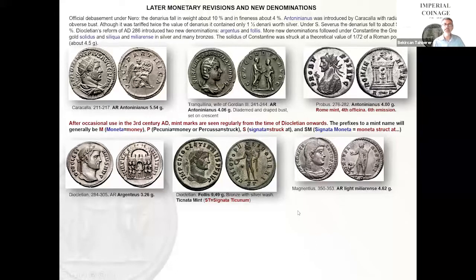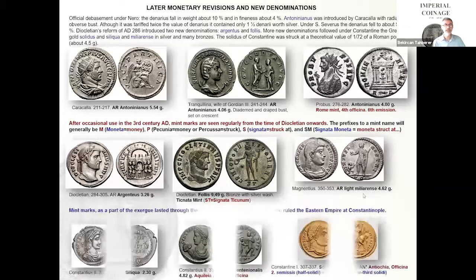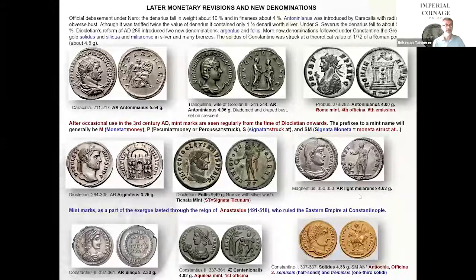So then Magnentius introduced these light miliarensis types, and finally Constantinus II introduces the siliqua. It was a coin that was first introduced in Caesarea in Cappadocia many years before Constantinus, but he also used the same one.